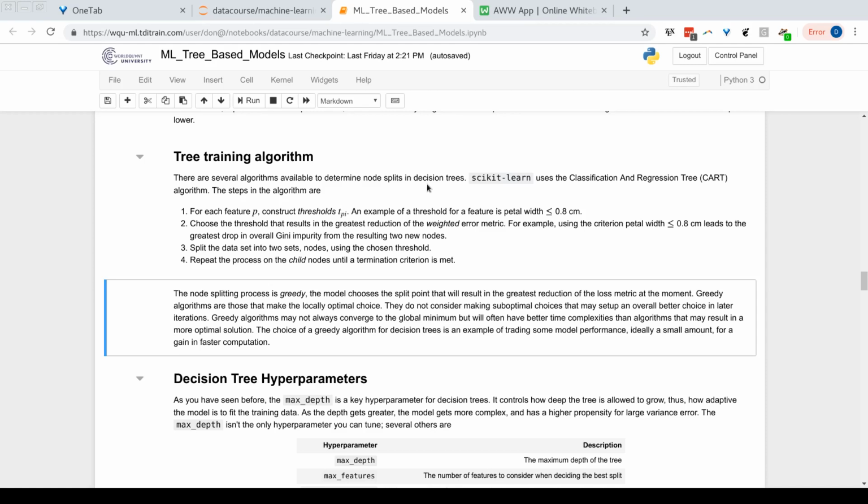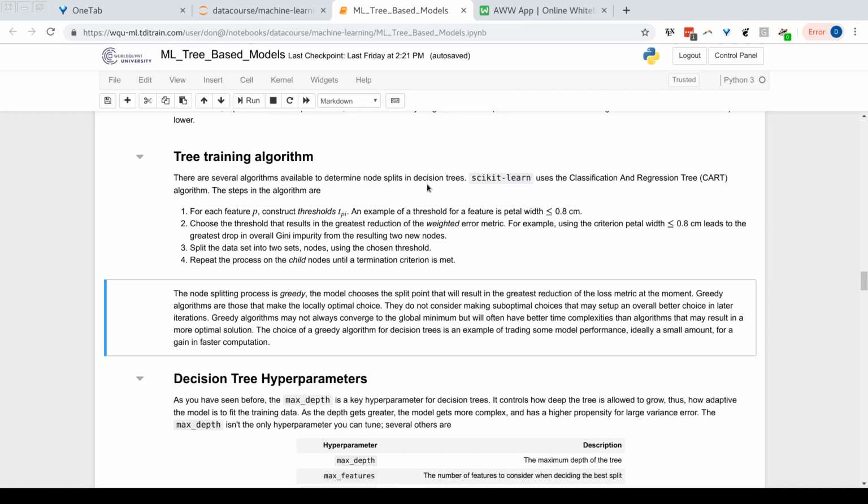This is called a greedy algorithm. So the node splitting process is greedy. And we've seen some examples of a greedy algorithm before. What was another situation where we saw a greedy algorithm? We saw an example of a greedy algorithm with respect to gradient descent.